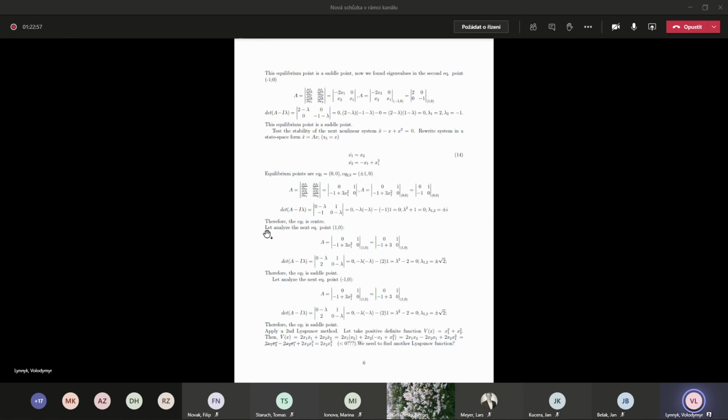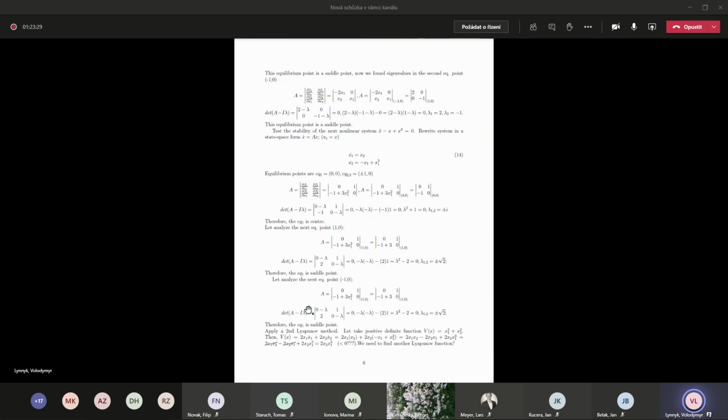And let's analyze the next equilibrium point, and we found that this equilibrium point is a saddle point because the eigenvalues are equal to plus minus square root of 2, and therefore this is a saddle equilibrium point.